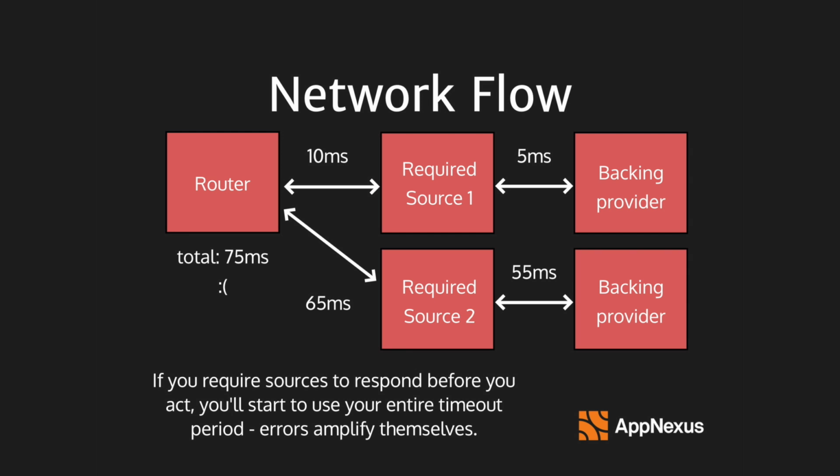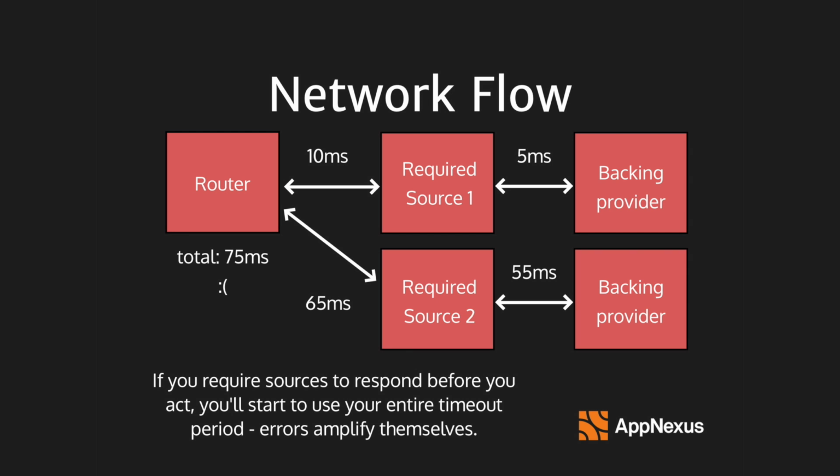Okay, here's a more pathological scenario. If you've got a router, it's going to be impus, but let's call it a router, which requires data from two sources before it can respond. One source takes 5 milliseconds on the backing database, 10 milliseconds from this source, whatever shard we want to call it, but the other shard is degraded and takes 55 milliseconds from the database and 65 milliseconds from this, then you're going to end up with roughly, let's say, a time of 75 milliseconds to respond, even if only one shard is degraded.